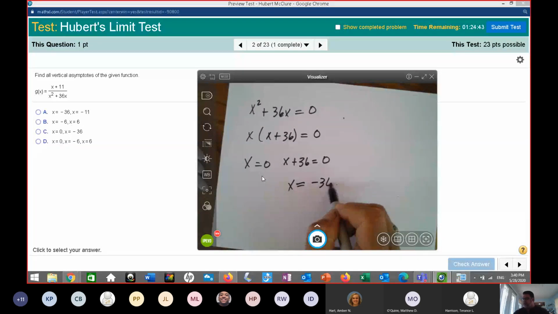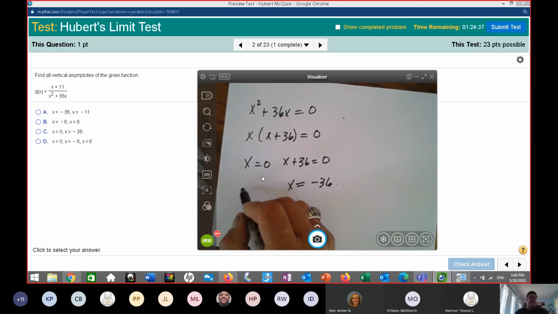That don't seem right. Yeah, I took out an x. Okay, I guess it's just x is equal to 0 then, and x is equal to negative 36. So that would be 0 and negative 36.